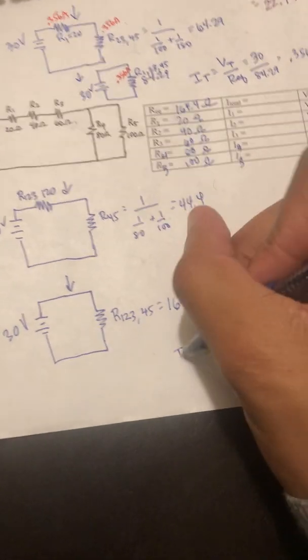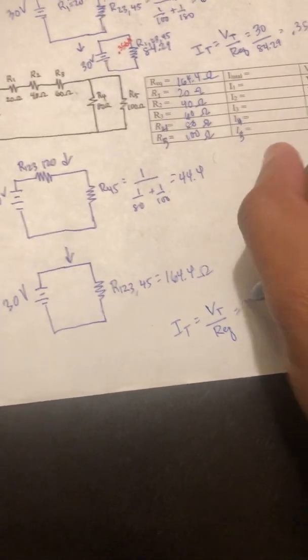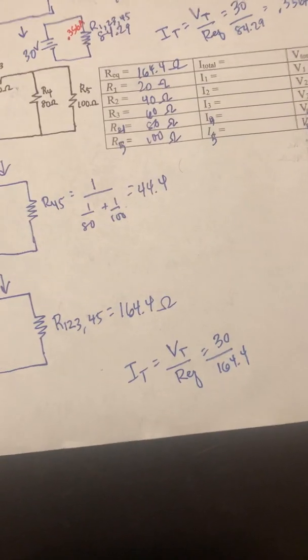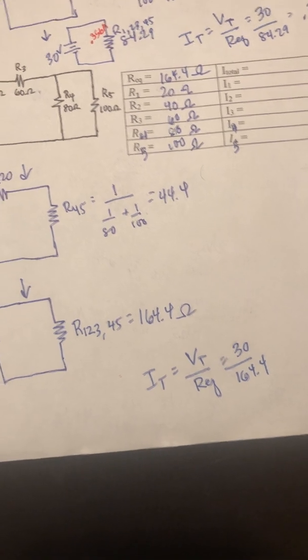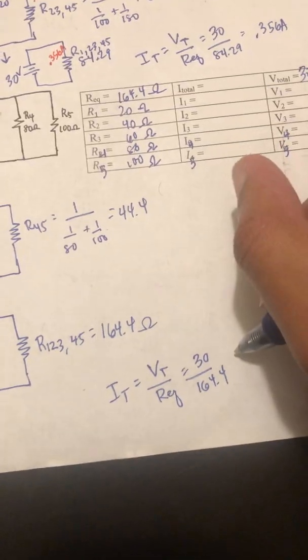Now, let me find my total current, because I know my total voltage is 30. I total is equal to V total over R equivalent. 30 divided by 164.4 gives me 0.182 amps.